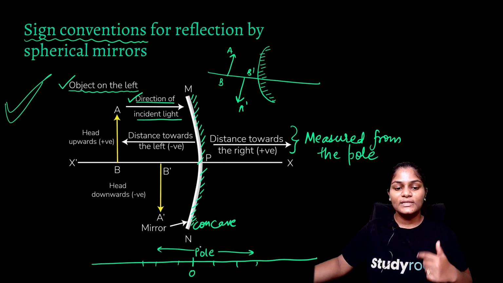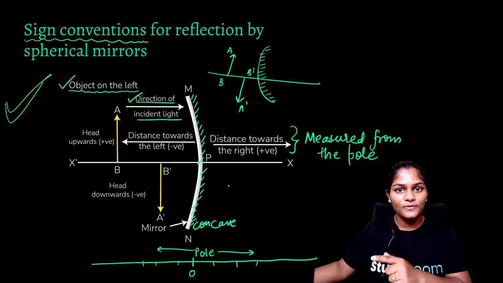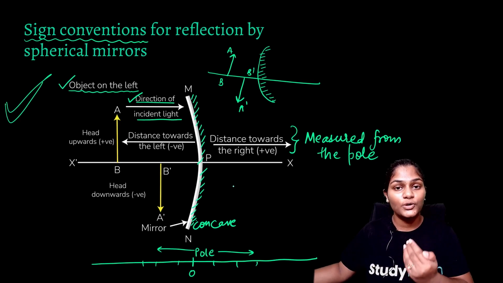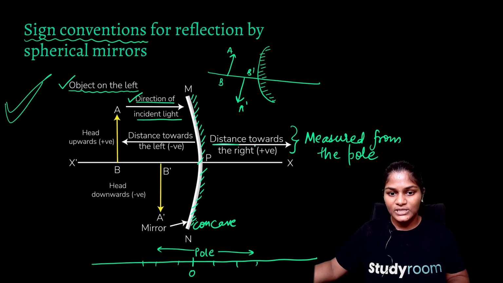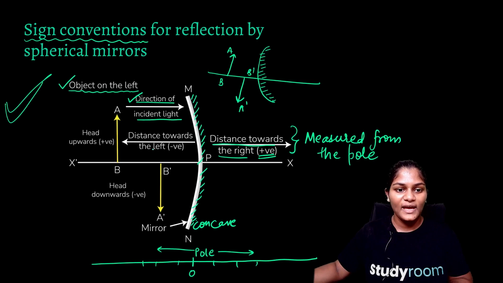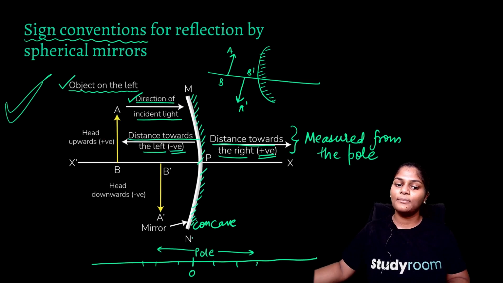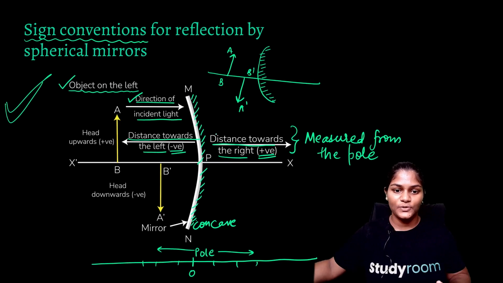So obviously the same concept that we use for a number line, all the numbers to the right of the pole, like to the right of 0, are positive or negative? They are positive. That's why it says distance towards the right is positive. Okay, that means the distances towards the right of the pole are measured as positive, and as it says here, distances towards the left are negative. Like in the number line, all the numbers to the left of 0 are negative. Same concept, same logic.